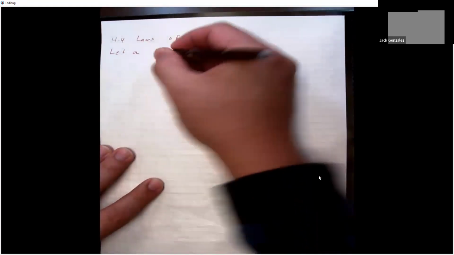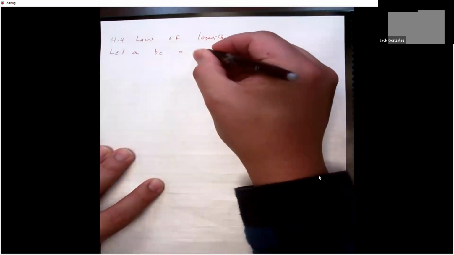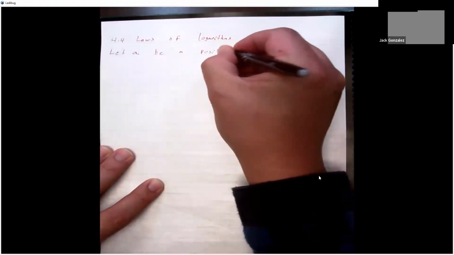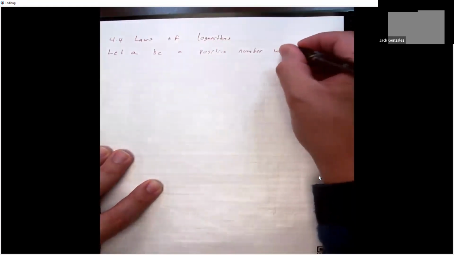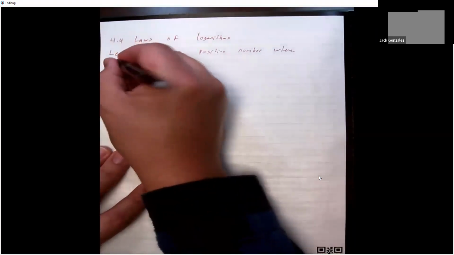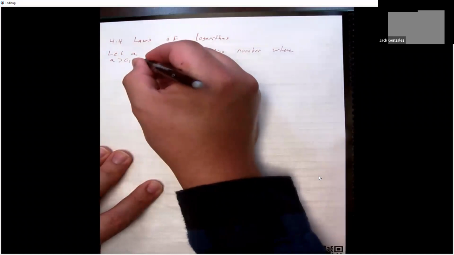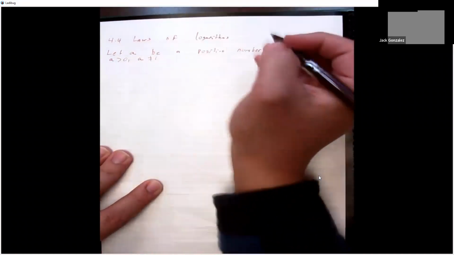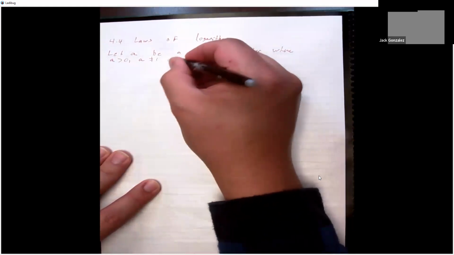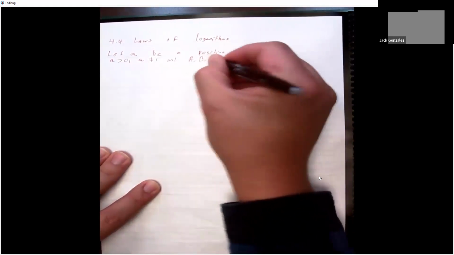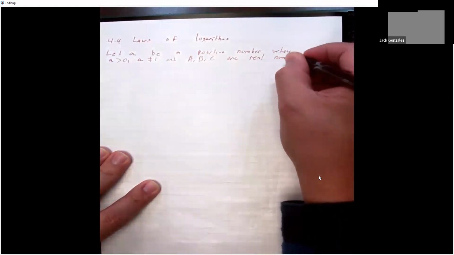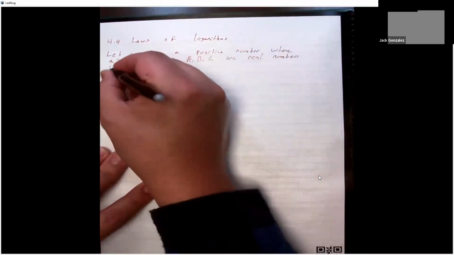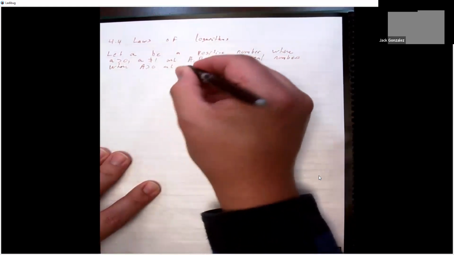Let a be a positive number where a is greater than 0, little a is not equal to 1, and capital A, B, C are real numbers where A is greater than 0 and B is greater than 0.